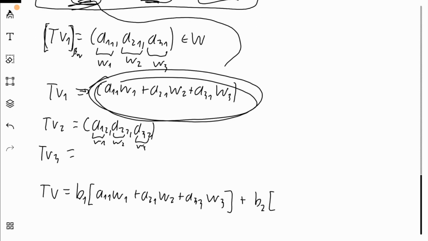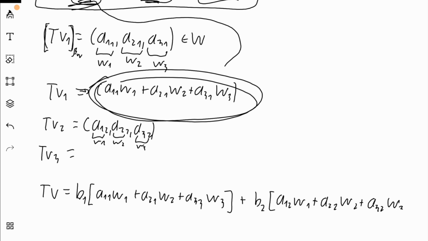So this will be B2 times A12 W1 plus A22 W2 plus A32 W3. And now, as you're already guessing, we do plus B3 times T of v3. Let's say it takes our vector into A13 W1, I'm writing it out in the standard basis, plus A23 W2 plus A33 W3.